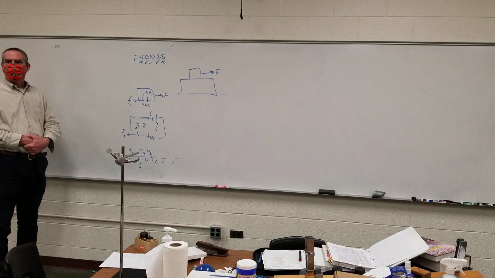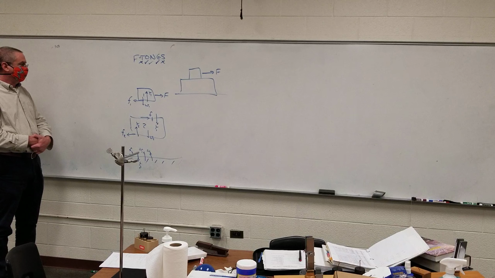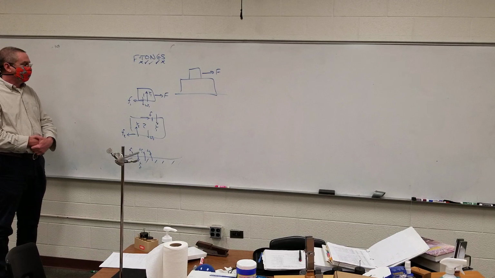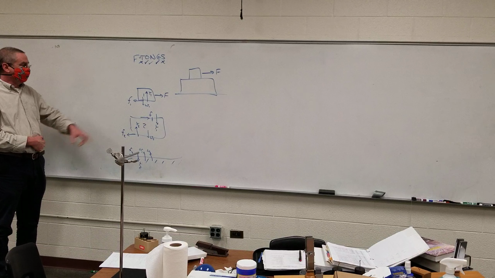So when it says the friction that M2 exerts on M1, then that would be left. Did it say friction force, normal force, or just force? It said friction that M2 exerts on M1, that's this one right here.